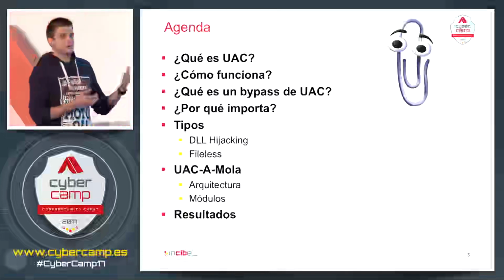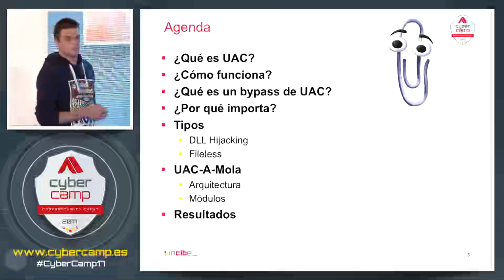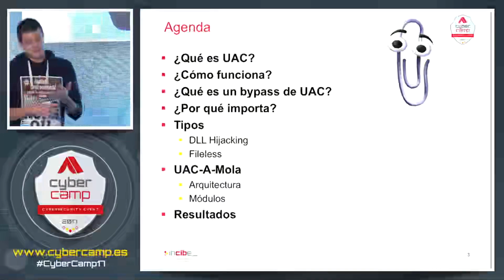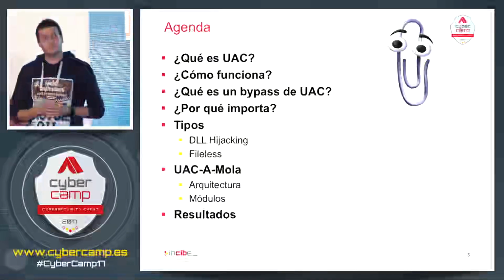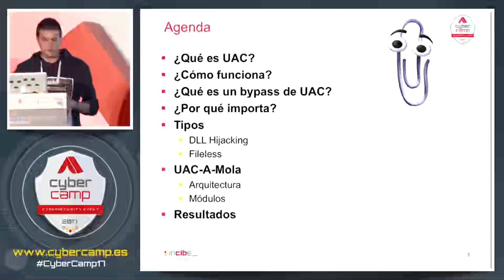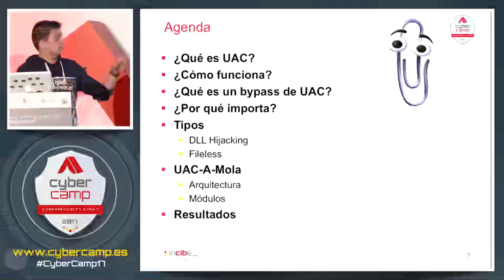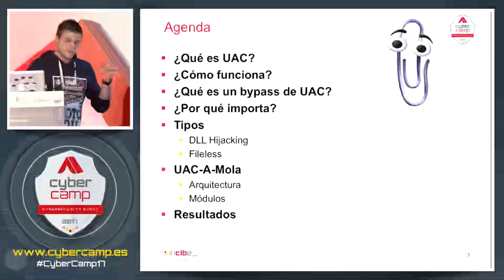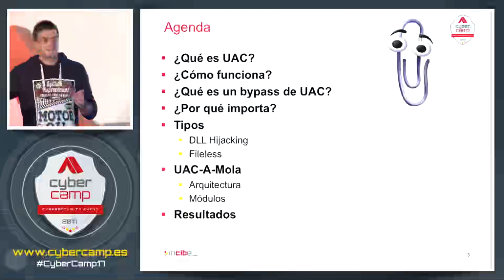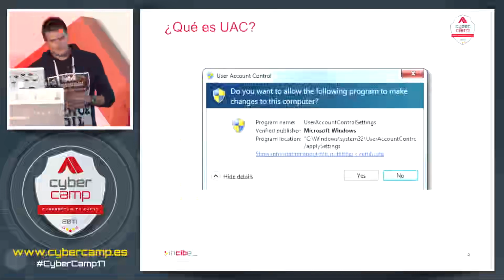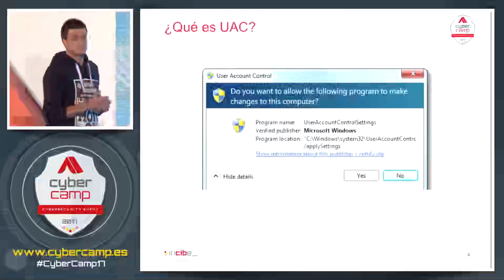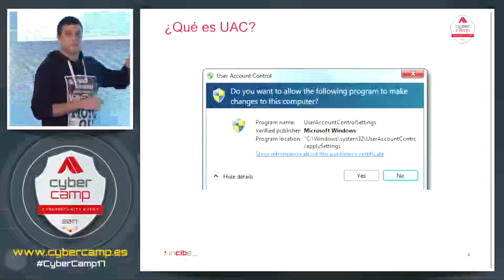And then what is WAC Mola? What is it, how can you download it, how can you play with the modules, and what's the architecture like? And finally, I'm going to give you some results from the different studies of the tool.